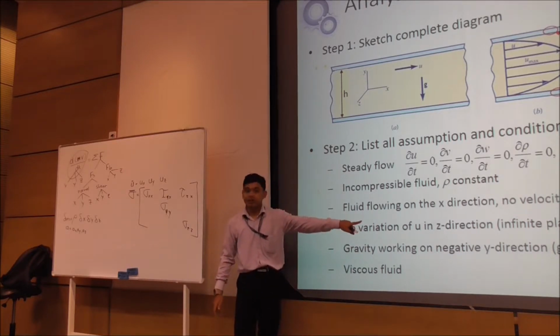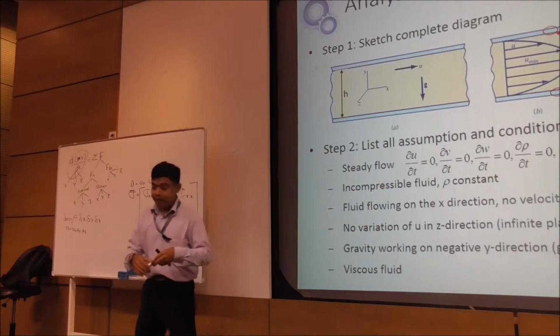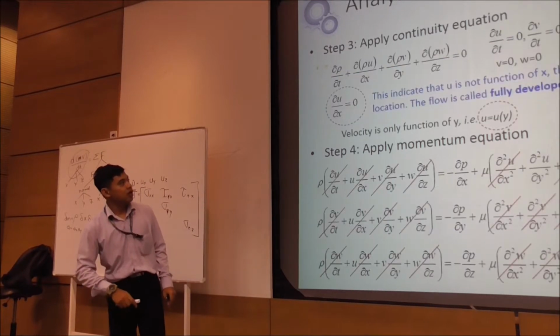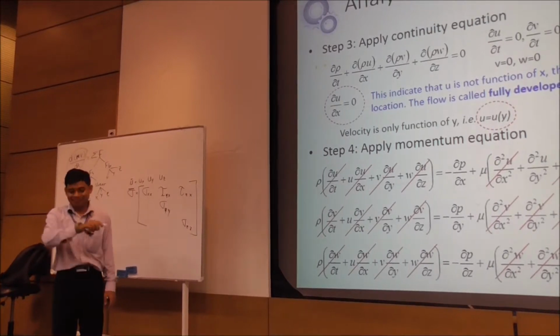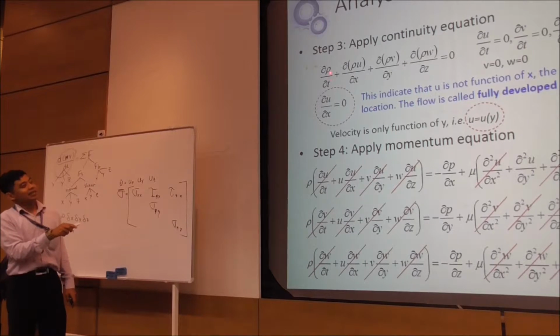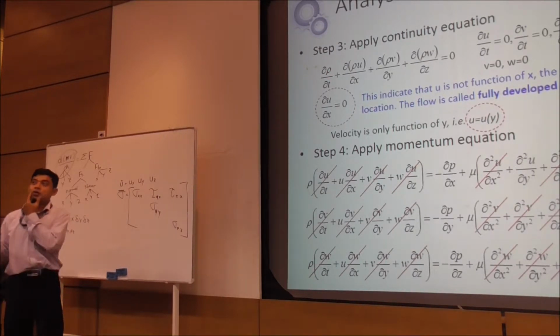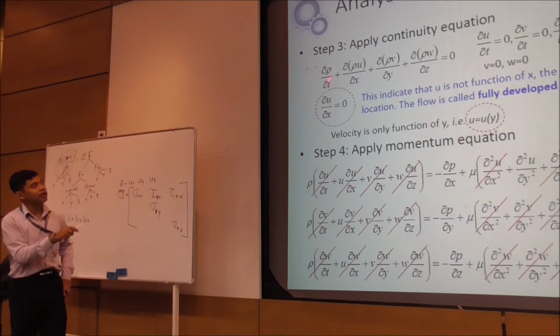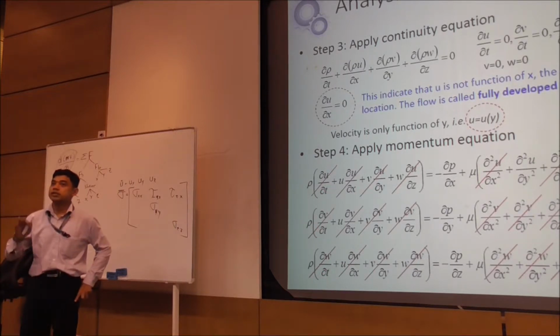Gravity is working in the negative y direction, and it is a viscous fluid. Now let's take a look at our conservation of mass. Bear with me 5 more minutes because we are dealing with the steady state. Because we are dealing with steady state, d/dt is equal to 0, right? All these terms with time derivatives are equal to 0 because we are talking about steady state.